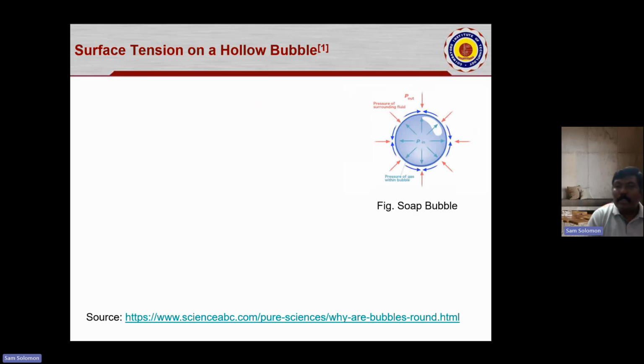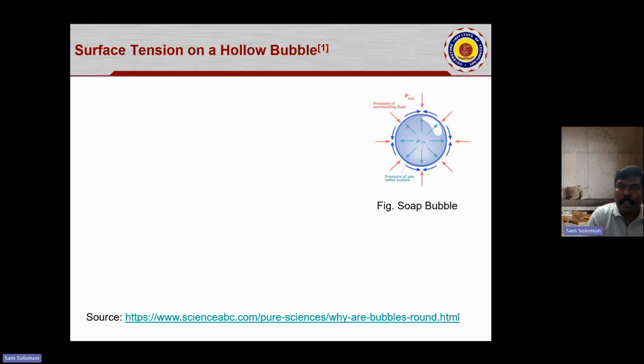How about a bubble? When I say a soap bubble, so here, when you would have looked at a soap bubble, it has the surface tension acting on both the surfaces. The inner surface of the bubble also has got air in it.